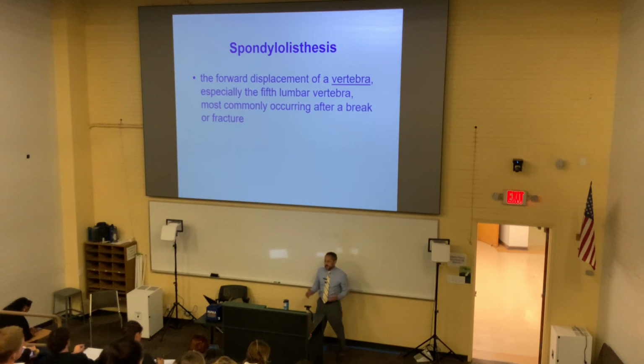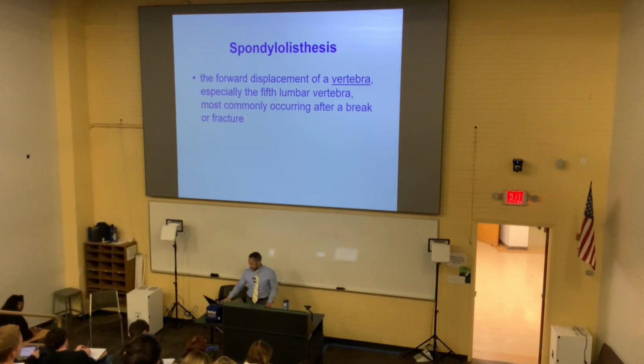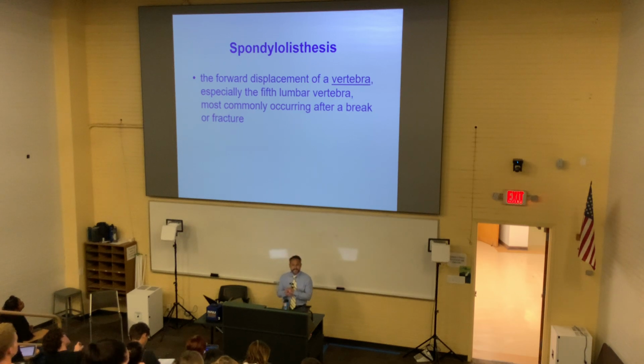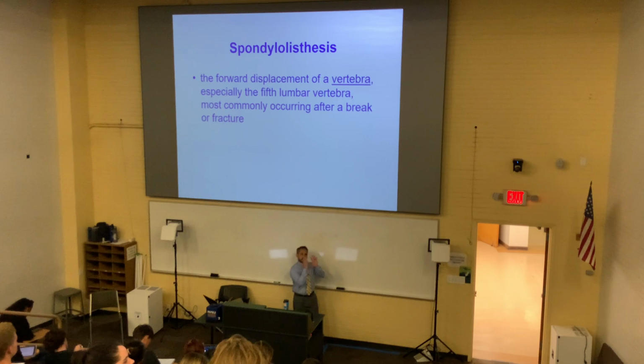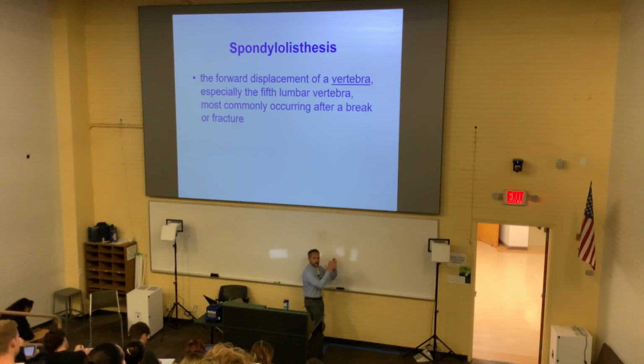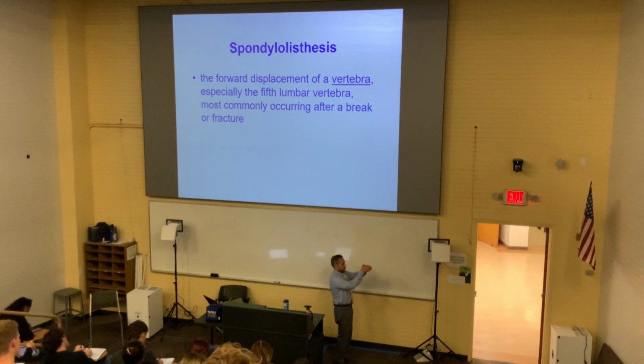Okay, a disease of the lower back or the vertebrae as we age is known as spondylolisthesis. Spondylolisthesis. So this is the anterior slide of a vertebra. So I'm standing in this direction. The vertebra on top slides forward, and the vertebra in the inferior portion either stays stationary or slides back.